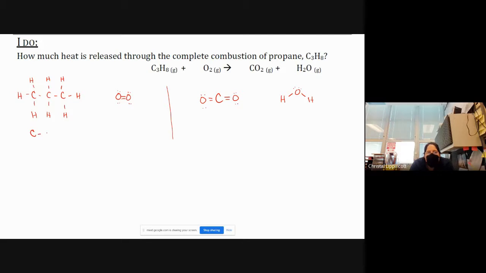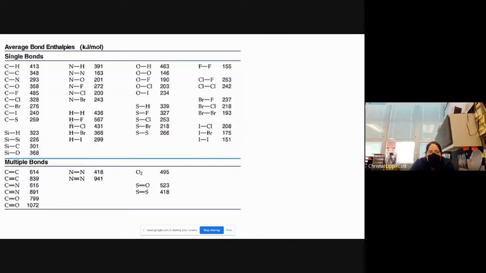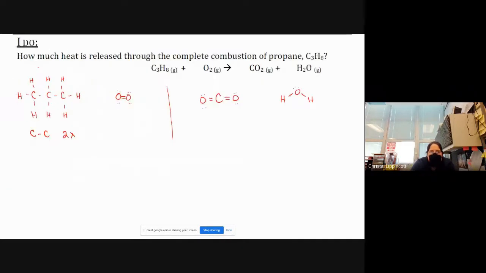So here we have how many CC bonds? 1, 2. So we're going to find 2 times, and we're going to look at our chart, and we're going to find our CC on there. It's a single bond, so that's 348. Do we have to know these? They would give you a chart of them.